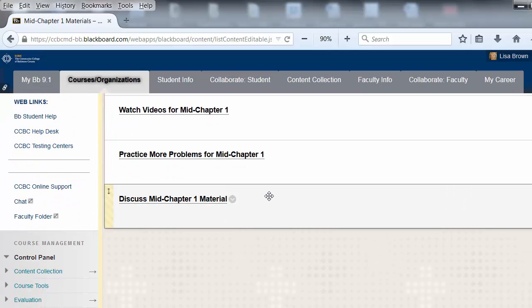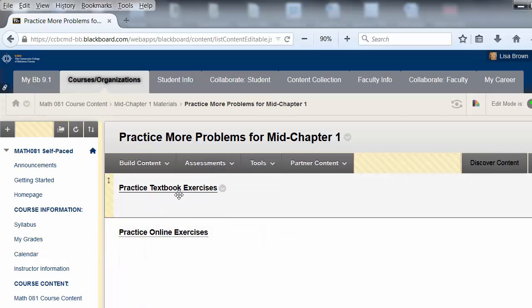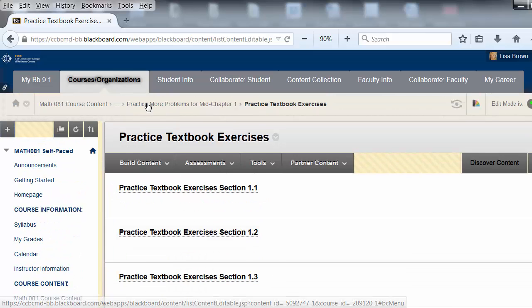And then also your practice more problems would be all the textbook exercises and online exercises, just for the mid-chapter 1 materials.